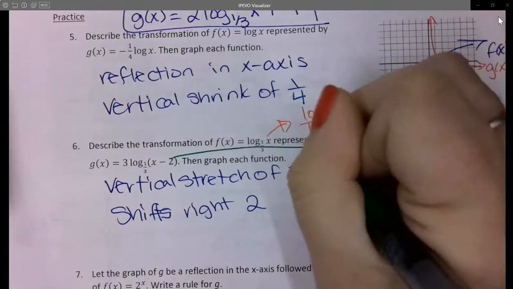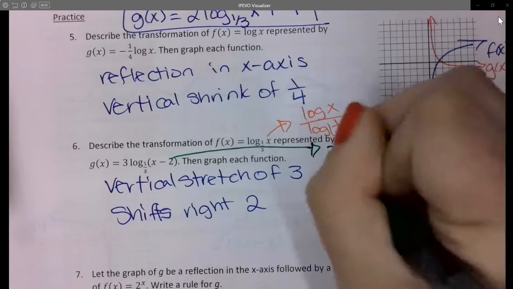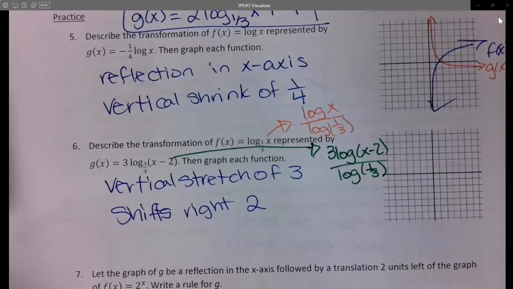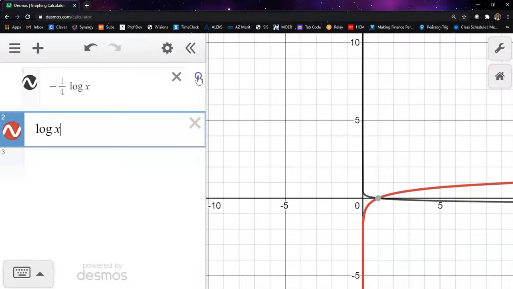And then this one, I'm going to graph it by doing 3 log x minus 2 over log of 1/3. So now I can go ahead and graph these.